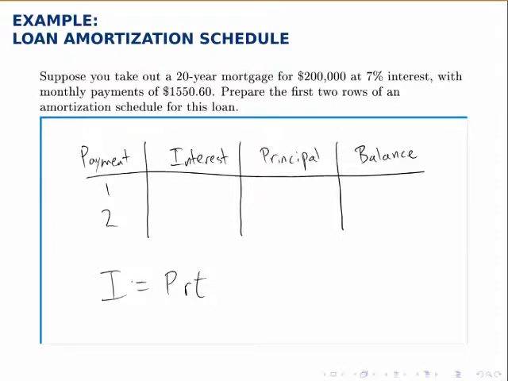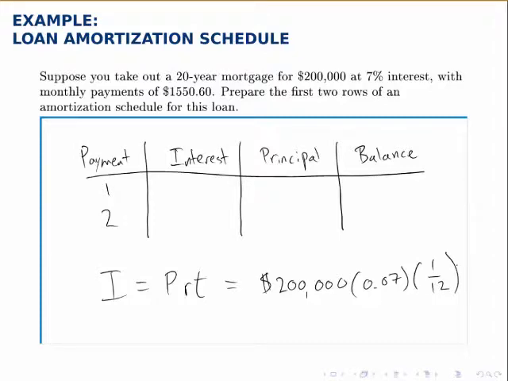So for the first month, the balance, the principal, is $200,000. The interest rate is 7%. And the amount of time, well, it's 1 month, which is 1/12 of a year, and since t is measured in years, we'll put in 1/12.